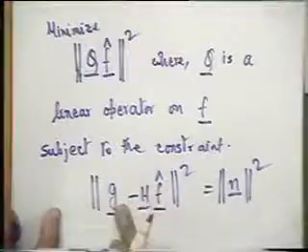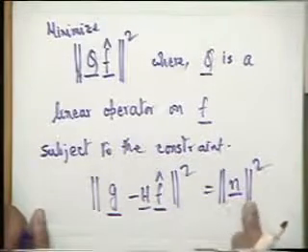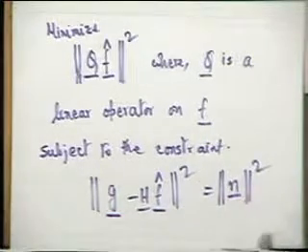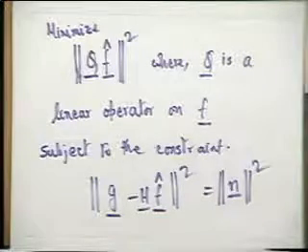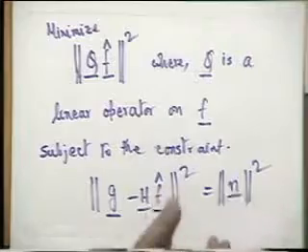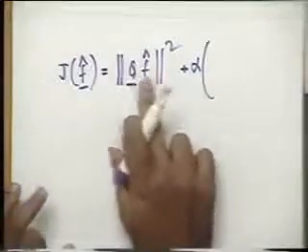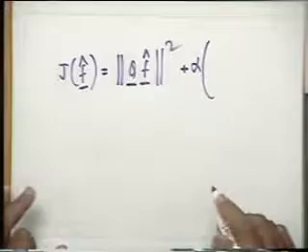Since our constraint is ||g − H f hat||² equal to ||n||², obviously we are going to consider the error ||g − H f hat||² − ||n||² as the error term, which we will multiply with alpha and add to the ||Q f hat||², which we anyway have to minimize.